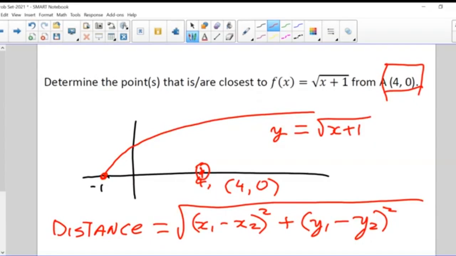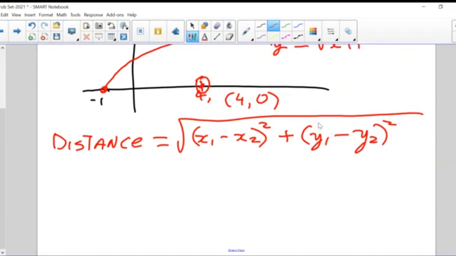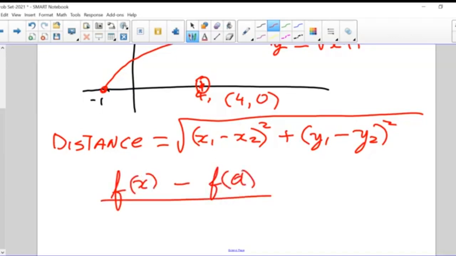Think back to when you were doing first principles. Let me show you one of the first principles approaches that we took. We said that we could use f of x minus f of a over x minus a. Remember that? Look familiar?